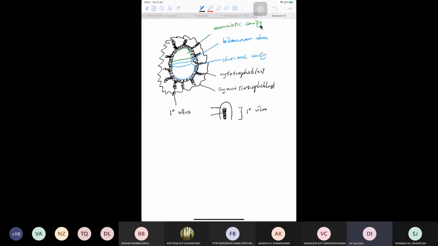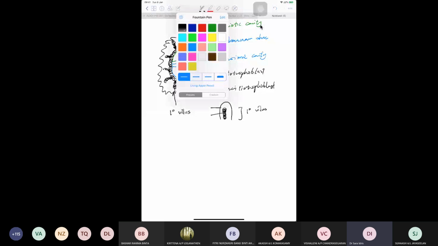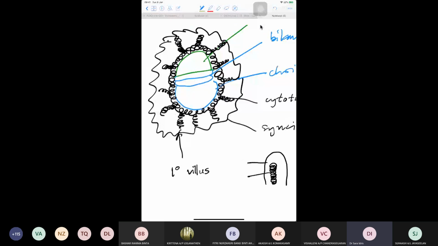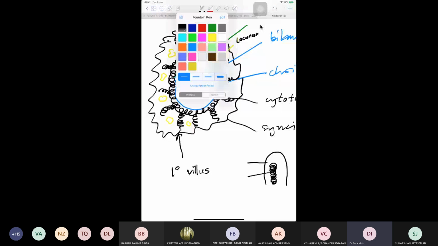And then in the syncytiotrophoblasts, you'll find that you have spaces occurring around. Spaces here occurring in between all your primary villus. And this here is known as lacuna. I don't think you can see that, I'll just write lacuna. And eventually these spaces will coalesce with one another.